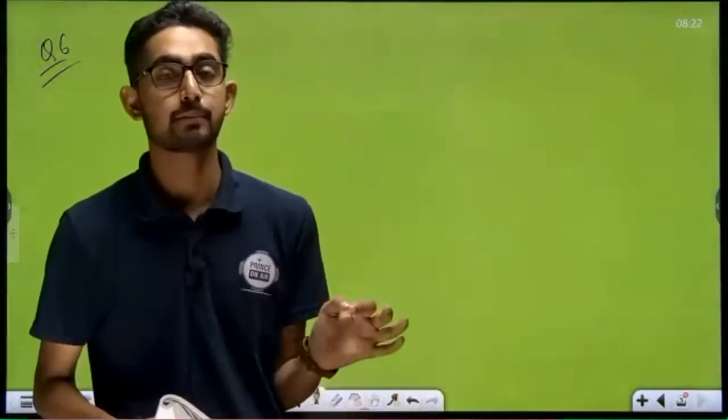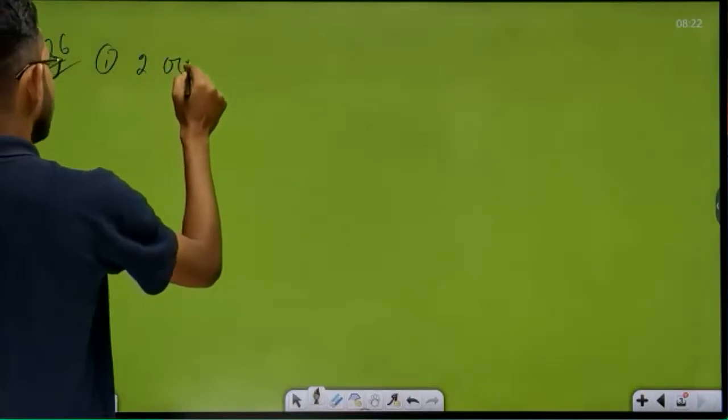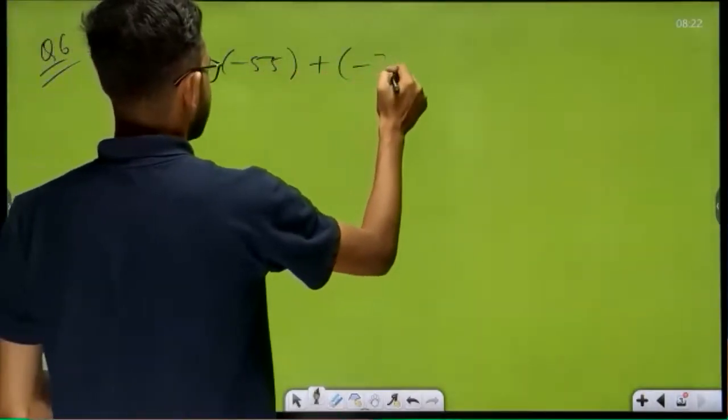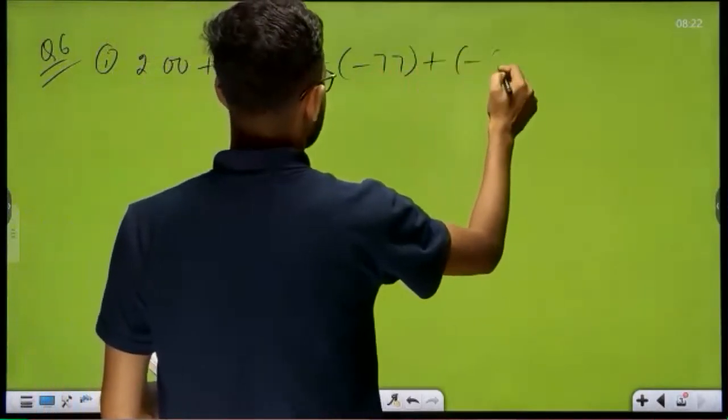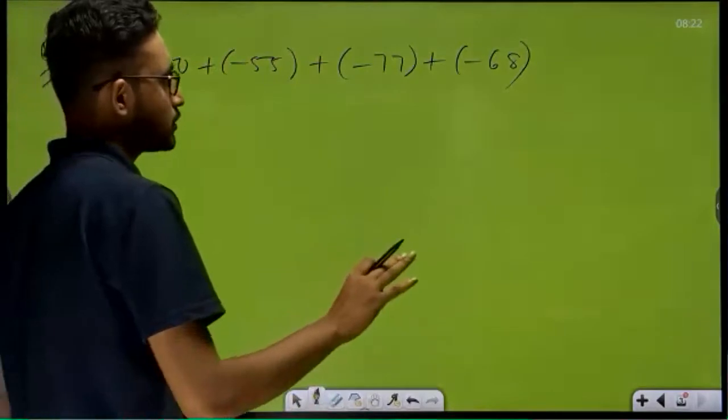That means we have to add the given integers. So let's see how we'll find it. In front of you, the first part of the question is 200 plus -55 plus -77 plus -68. That is your question. Okay? Very simple question.